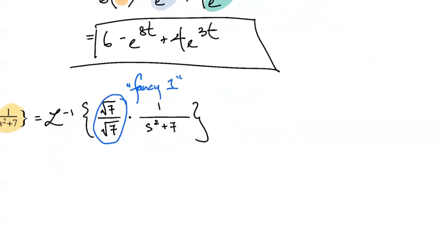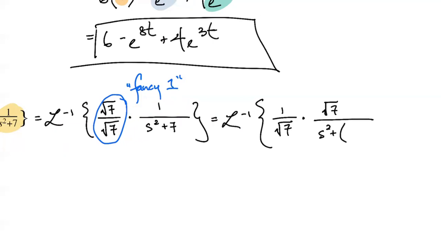The reason this is helpful is because when we multiply fractions we're really just multiplying across, right? So I'm going to take this square root of 7 and move it to the numerator over here. 1 over square root of 7 times square root of 7 over s squared plus square root of 7 squared.